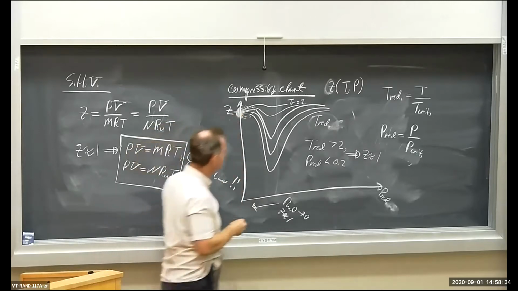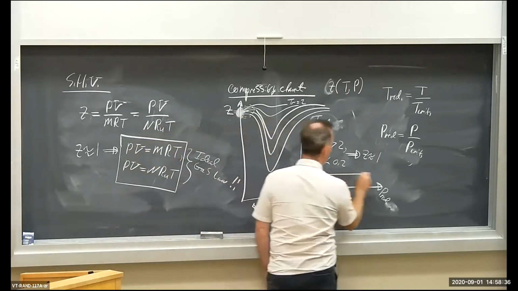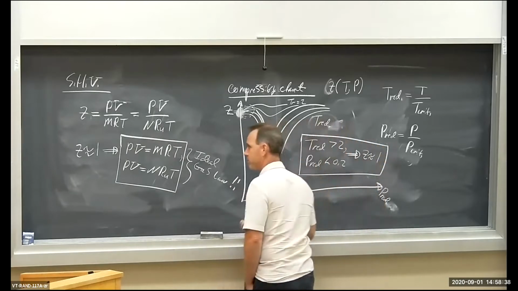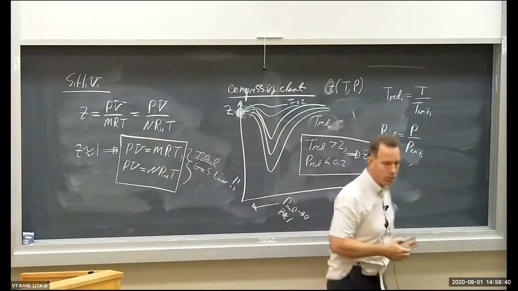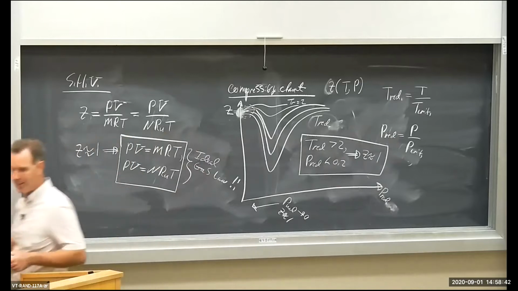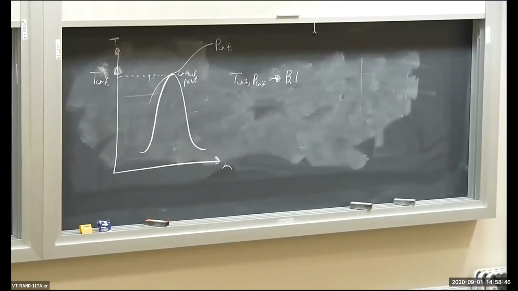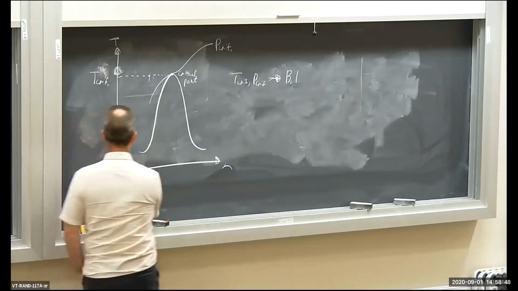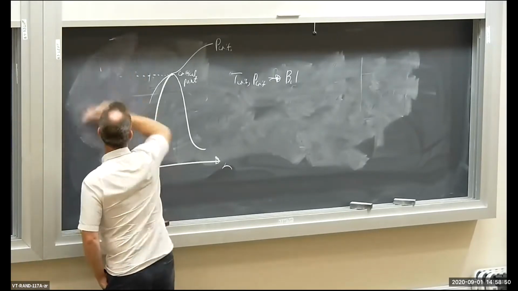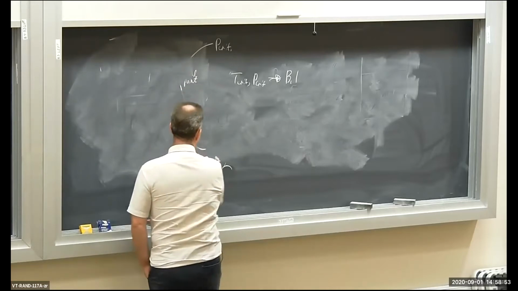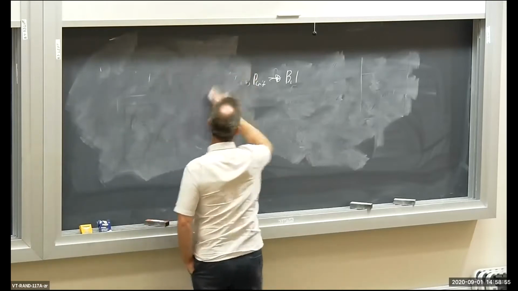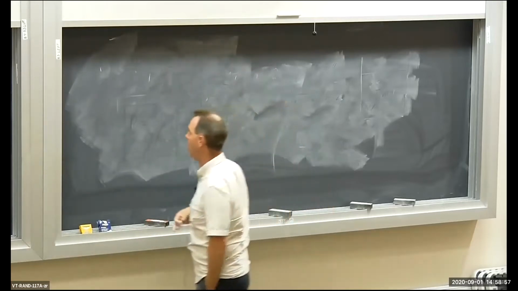Okay, so let's put a little box around that. I'm going to write it again. In fact, I'm going to write it right over here on the other board so we can clear up the clutter. So let me write the definition of the compressibility factor, and then write the ideal gas law, and then indicate the conditions under which we can use the ideal gas law.